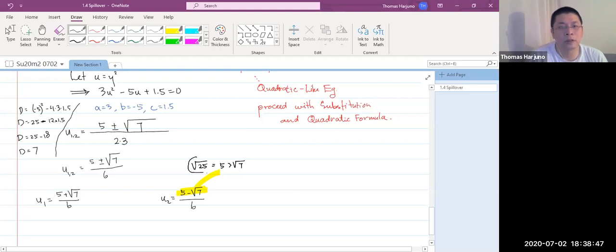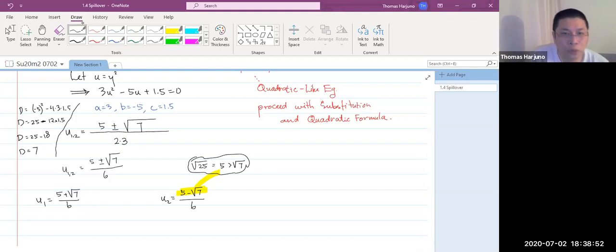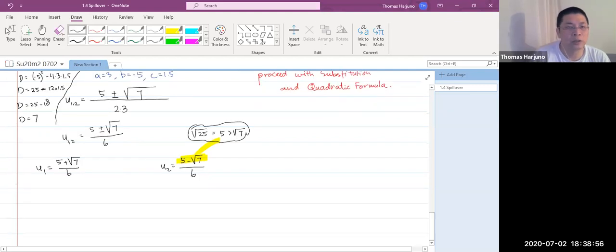That's a good thing to observe. In other words, this u2 is still a positive number. Why do we need that to be a positive number? Because when we put that back to y, I need the expression on the right-hand side to be positive, because when I take the square root, it has to be non-negative. And don't forget, I need to put that plus minus. Right, you see it there?